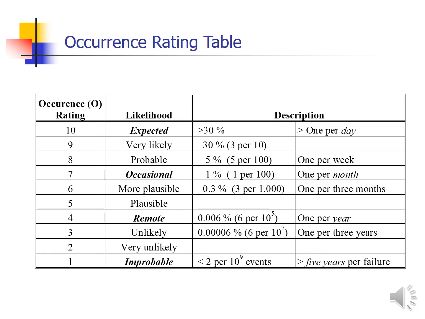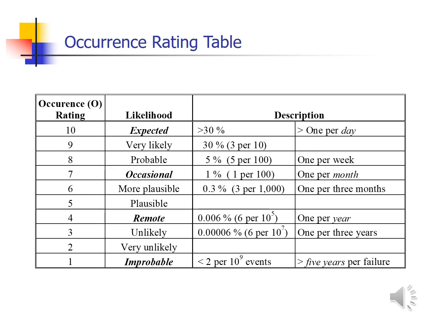Number 8, probable, 5%, 5 per 100 parts. Number 7, occasionally, 1%, 1 per 100, or once per month. Number 6, more possible, 0.3%, meaning 3 per 1000 parts, 1 per 3 months.